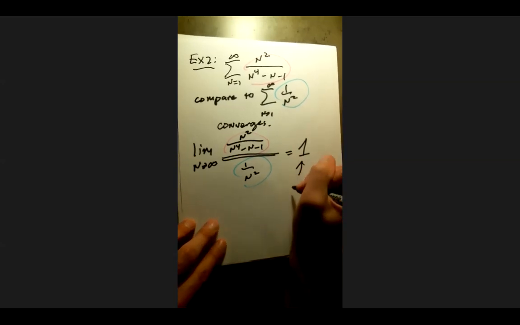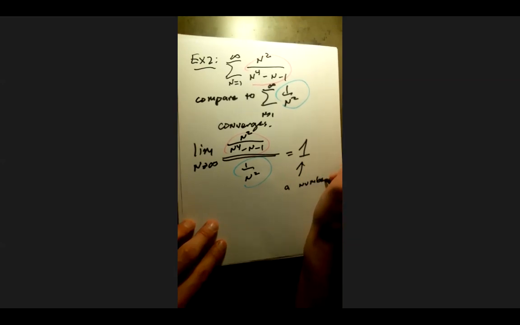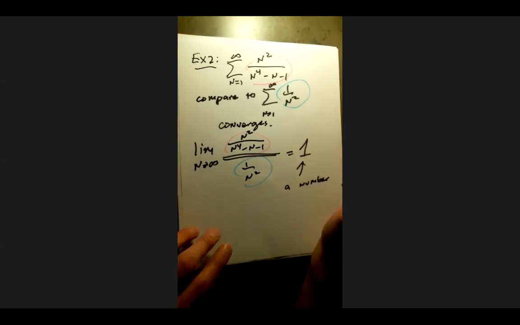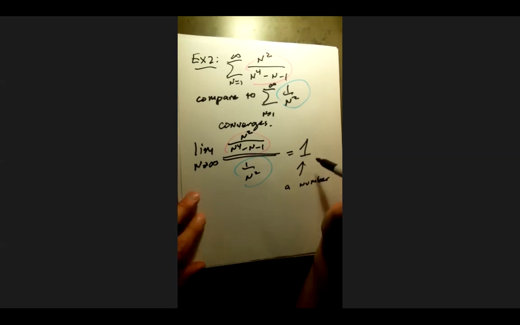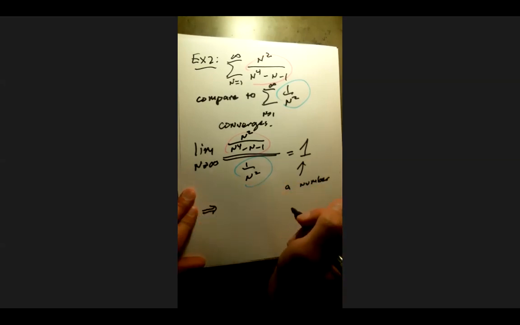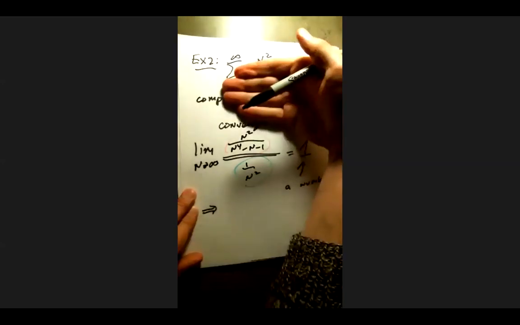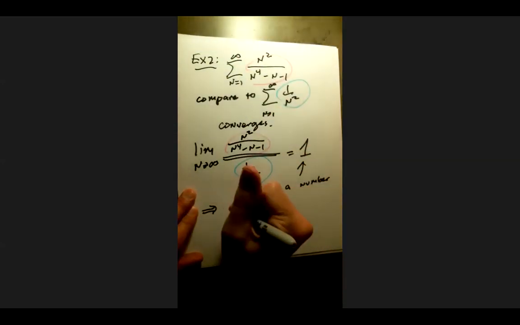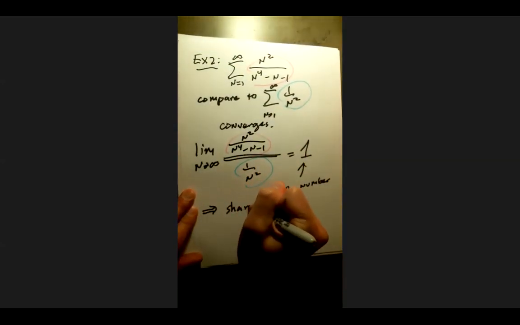What is important is that this is a number. I don't care if it's 1 or 5 or 17 or -3, but what I care about is that it's a number. The fact that it's a number tells us what? It tells us that they share the same fate.